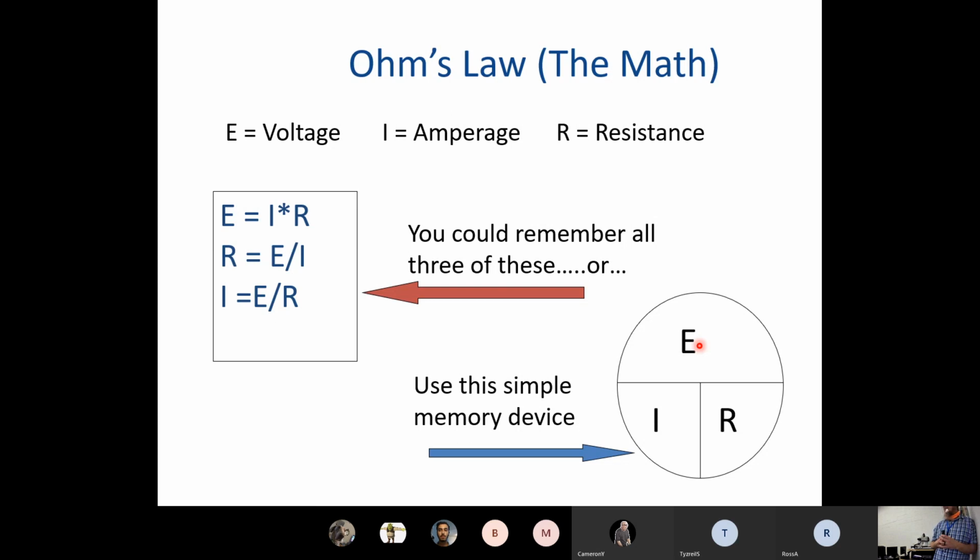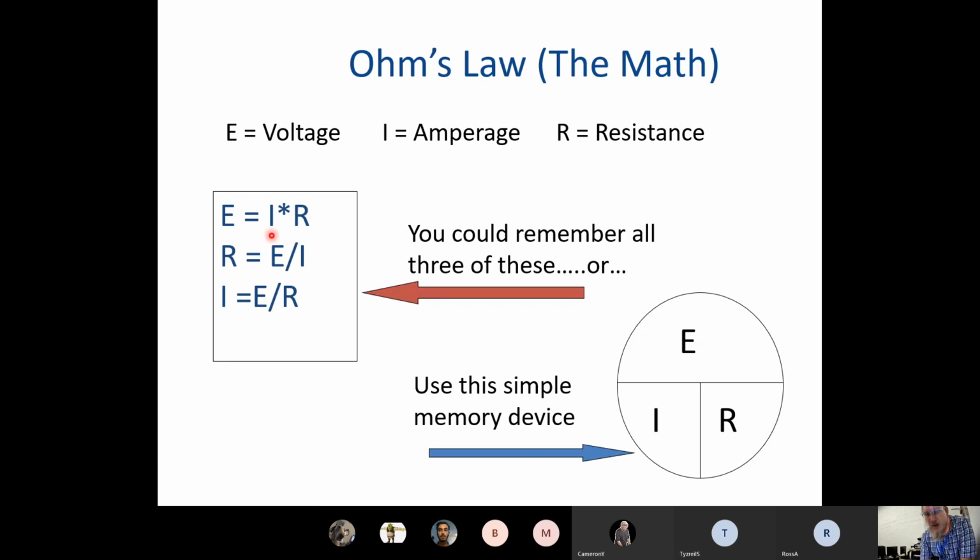But this is Ohm's law. Voltage is equal to amperage times resistance. And then all of these other equations, this right here is the main one. V equals I times R. The rest of these, R equals voltage over amperage, is just solving for R off this equation.